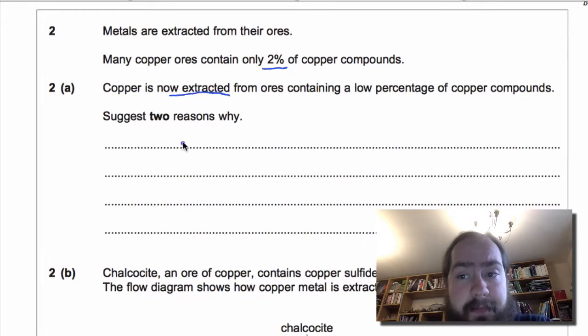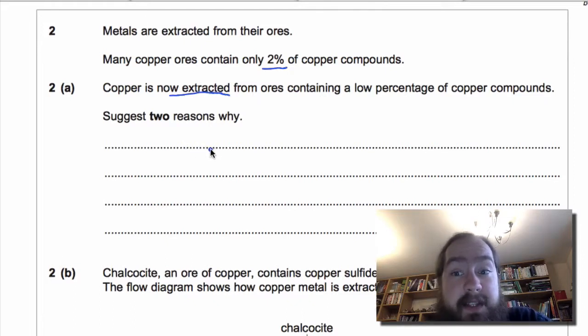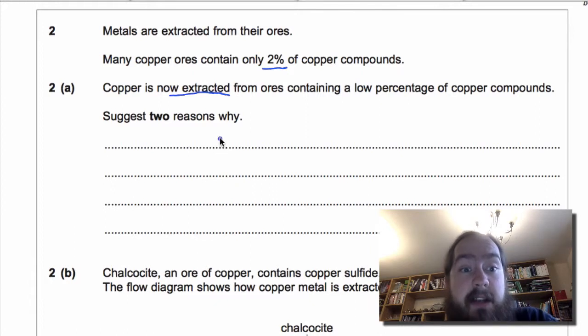There are two reasons that you can use. One is that we have used up all our high grade ores and we still need copper for other things, so we don't have anything better than 2%. And the other reason is that the demand is still increasing. If you put both of those in, you'll get those marks.